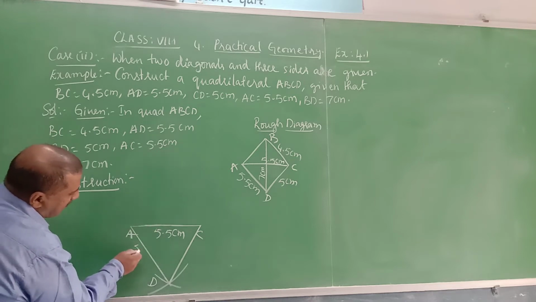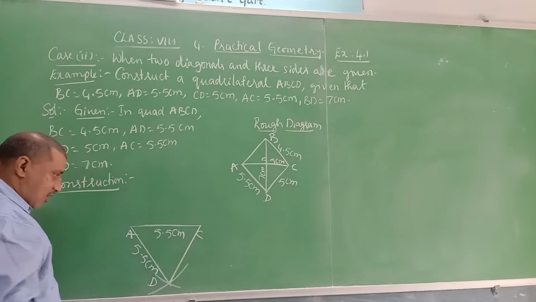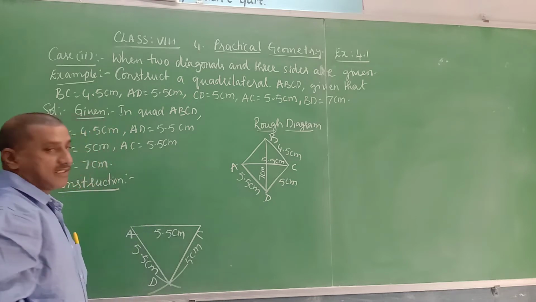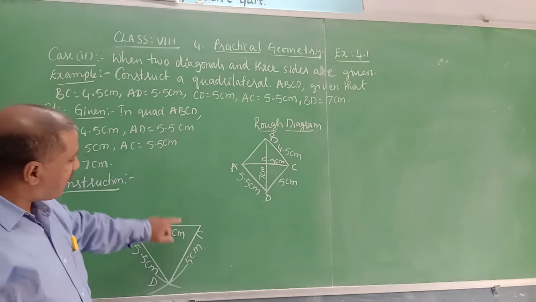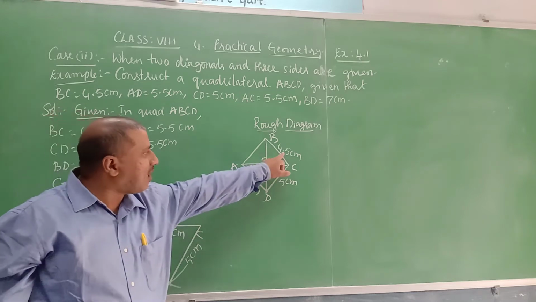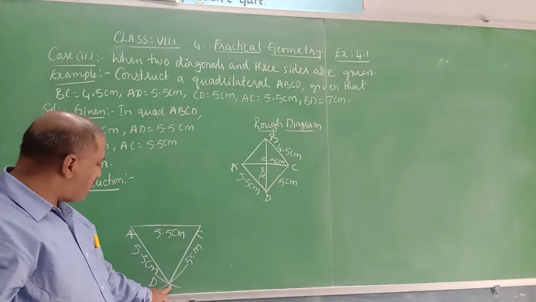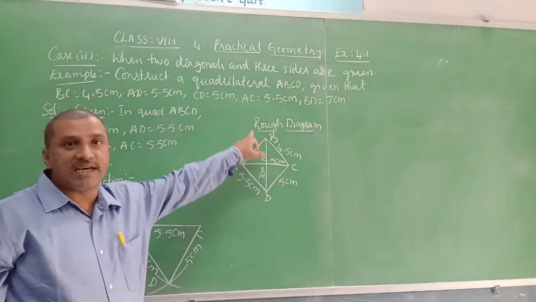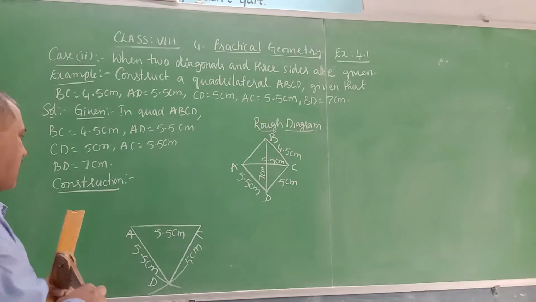Now AD is 5.5 centimeters and this is 5 centimeters. To locate point B, from point C draw an arc of radius 4.5 centimeters and from point D draw an arc of radius 7 centimeters. BD is 7 centimeters, that is the second diagonal.